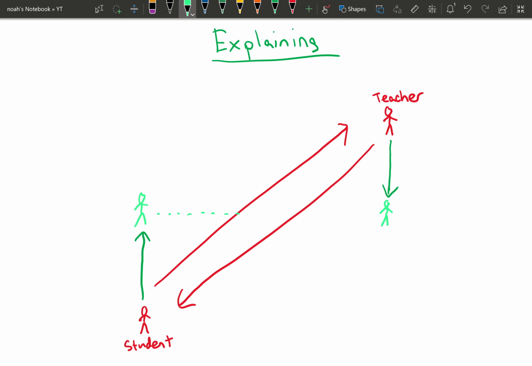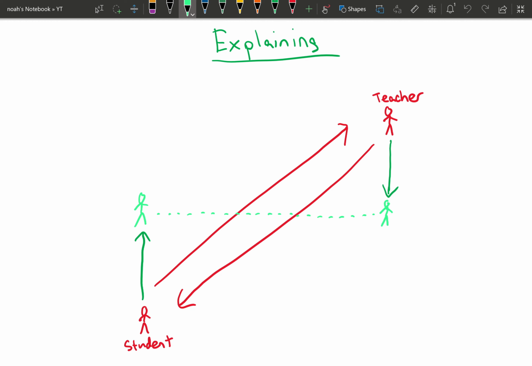So now we're at an even playing field like this, and this is where real teaching happens. And this is where you have to rely on your knowledge. You have to just be prepared, and it's one thing to know the material, it's another to be able to articulate it to someone who knows less than you, right?